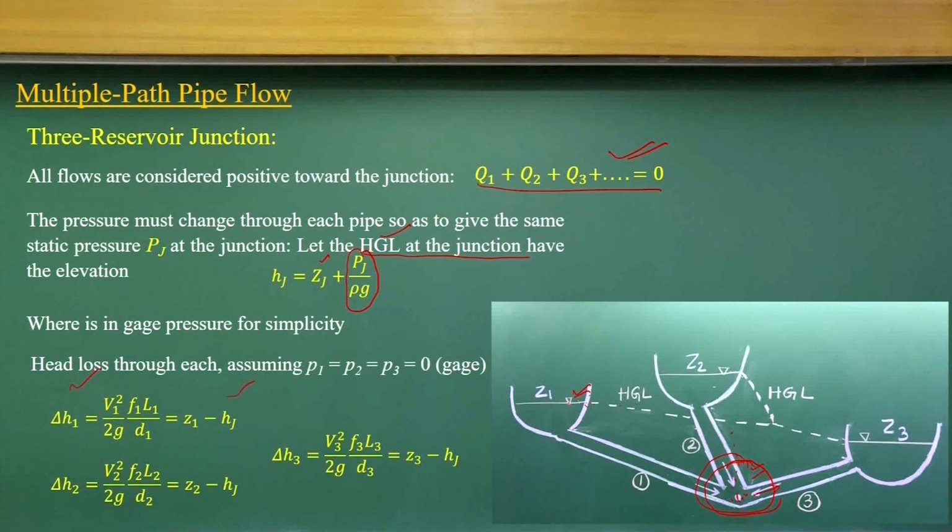Looking at how much head loss is happening, because the pressure head is equal to 0 here and the velocity head is equal to 0 here, this is the energy gradient line and also the hydraulic gradient line. So if I look at the hydraulic gradient line, not the energy gradient line, because I am not looking at the velocity head, it should be equal at this point after the energy losses. That is, Z1 minus HF should give the energy losses. Similarly, Z2 minus HF and Z3 minus HF.